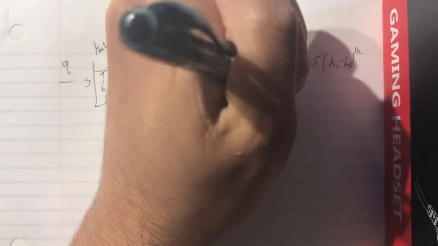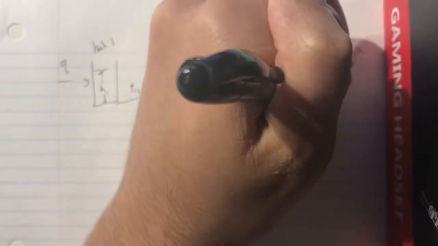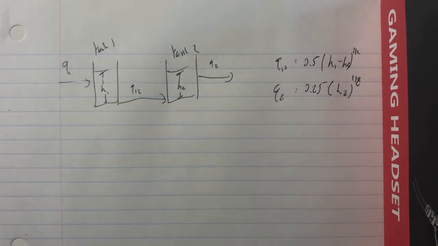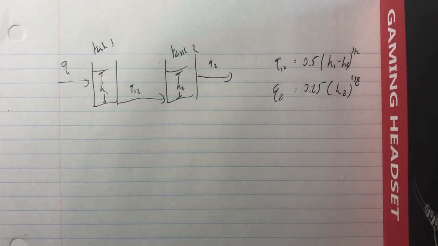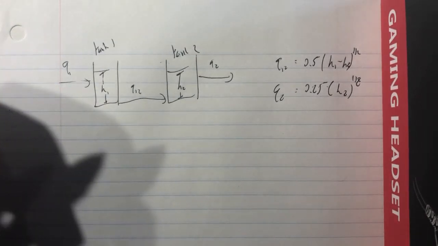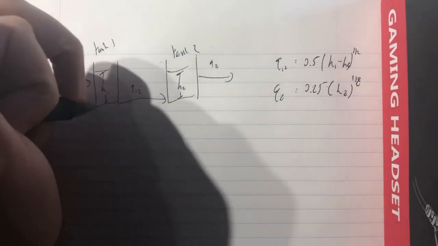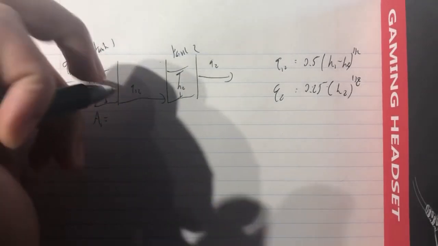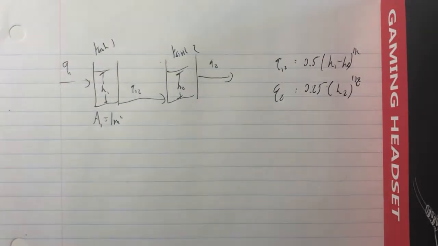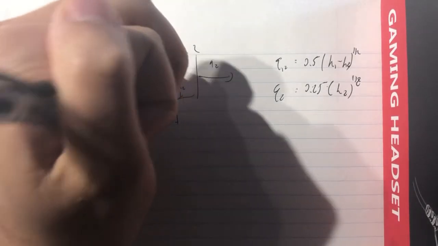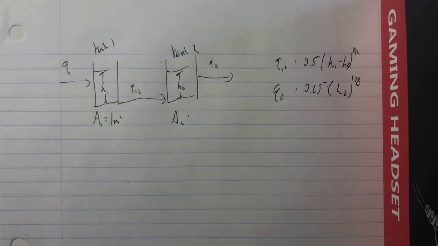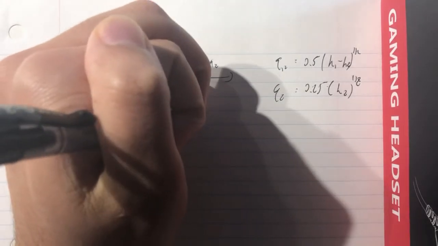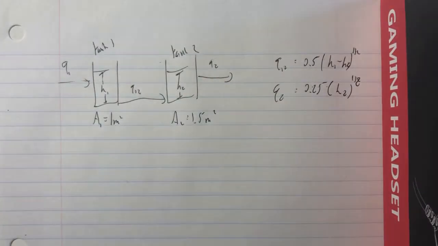And then Q2 is equal to a quarter times the root of the tank height 2. Final bit of information about the tanks is they have a cross-sectional area A1 of 1 meter squared, and A2 has a cross-sectional area of 1.5 meters squared.